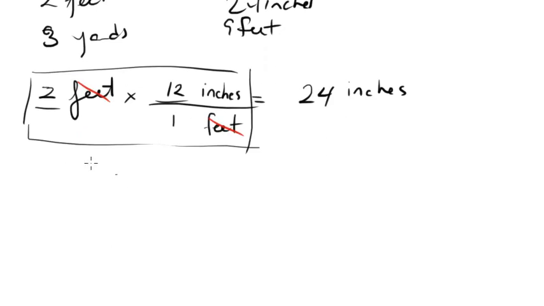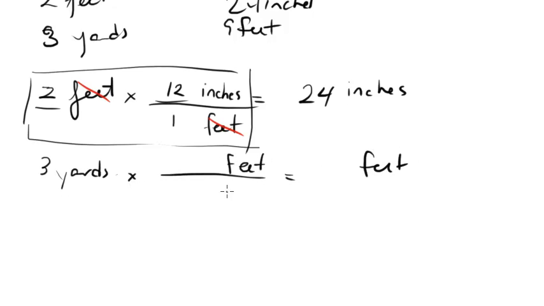Same thing with yards. Let's look at this yards example. 3 yards times something is going to give us feet. Well, I want feet on top, and I want to get rid of yards so that they'll cancel, and I'm just left with feet. Well, how many feet are there in a yard? It's 3 feet per 1 yard. And there we go. We just multiply across. 3 times 3 is 9 feet.